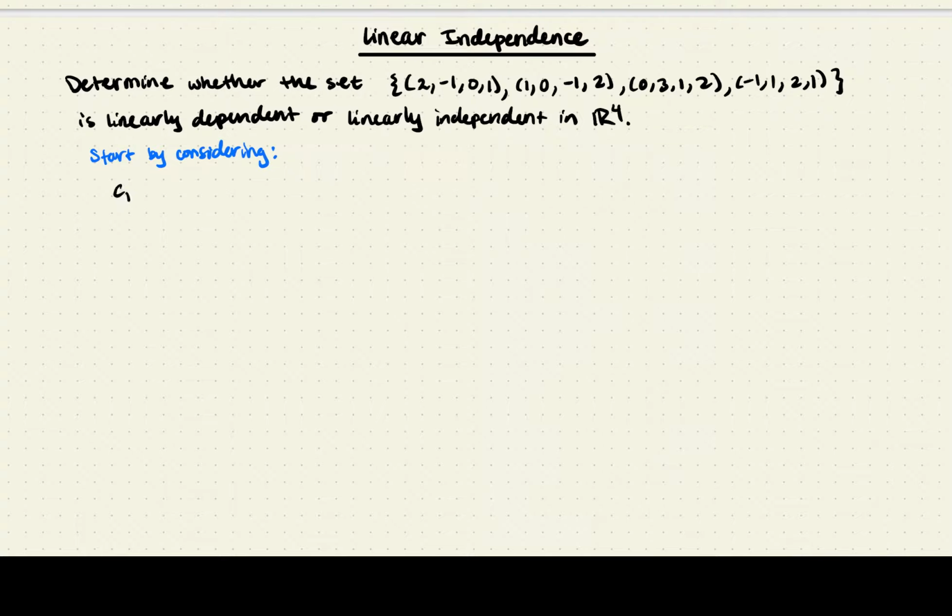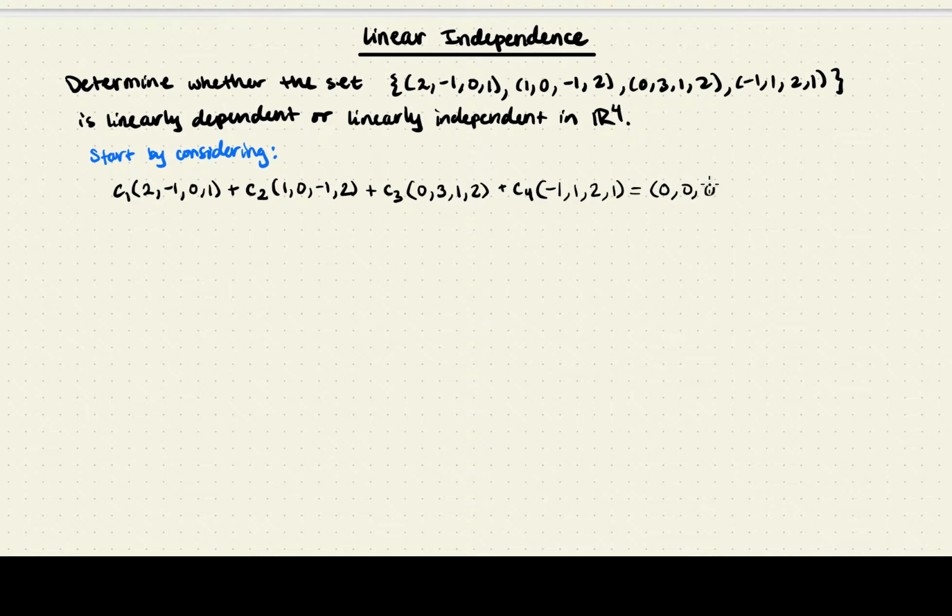Some constant times the first vector, (2, -1, 0, 1), plus another constant times the next vector, (1, 0, -1, 2), plus another constant times (0, 3, 1, 2), plus a fourth constant times (-1, 1, 2, 1). And we set that equal to the 0 vector in whatever vector space we're in.